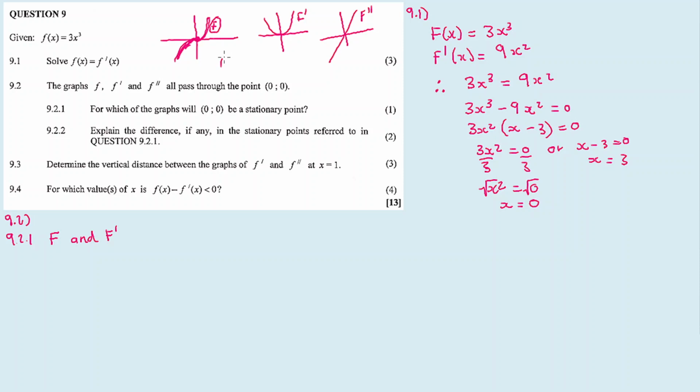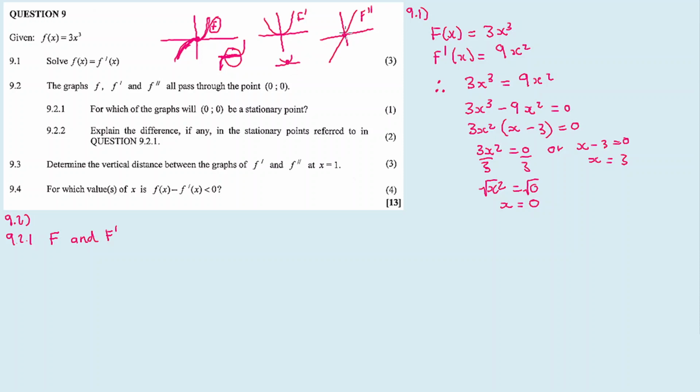It's flat at the origin, so it's sort of like a straight line there. So it's not increasing at this point, not decreasing. For f prime at the origin we get this point; it's not increasing, it's not decreasing, it's just a straight line there.